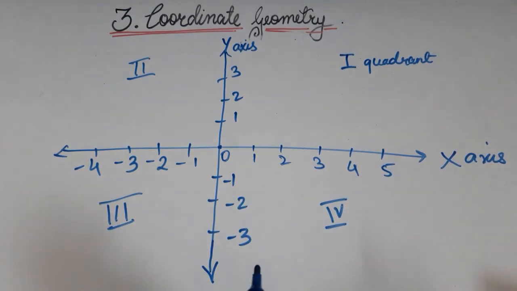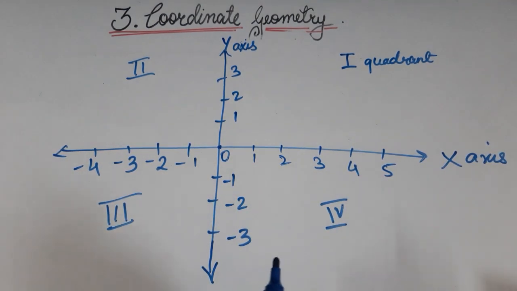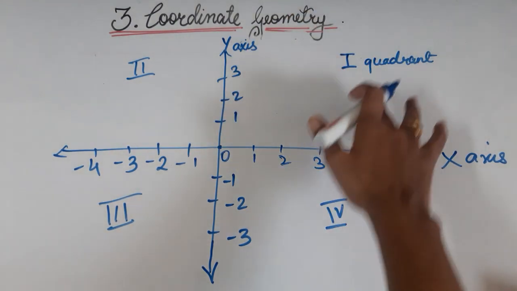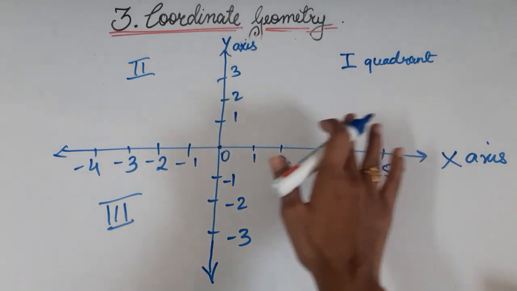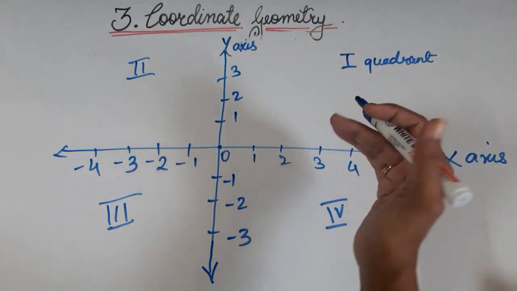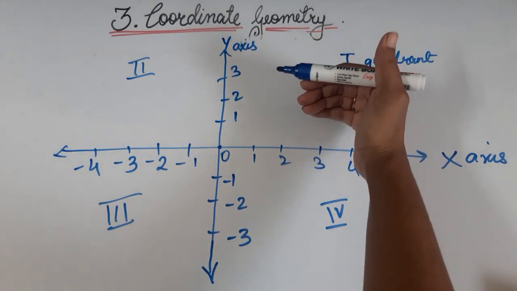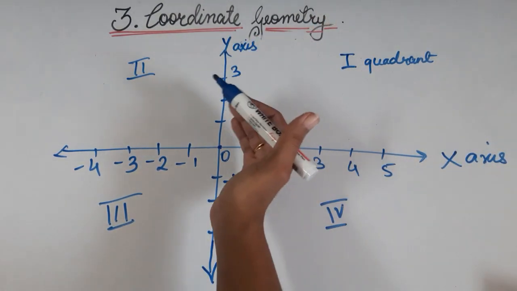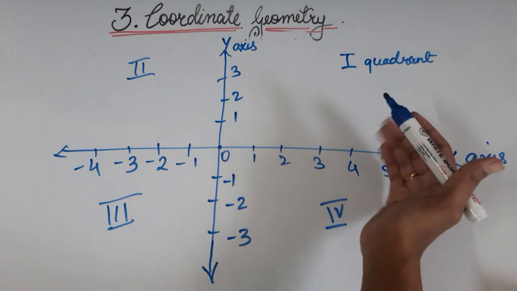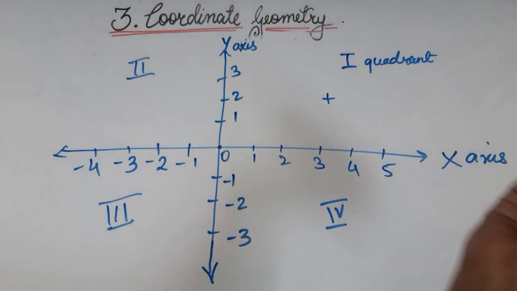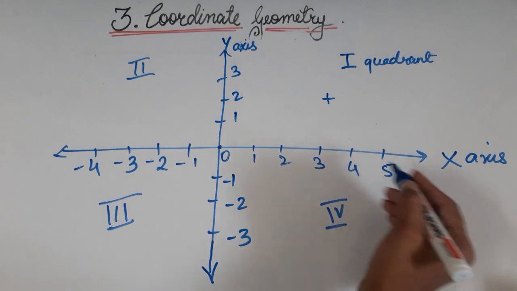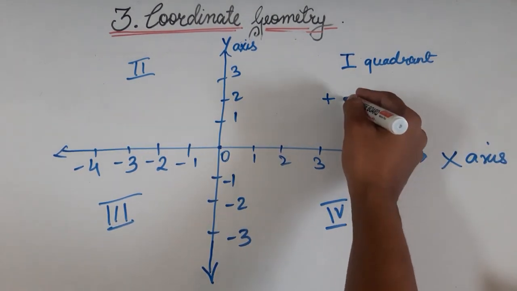Now let us see the sign conventions of each quadrant. If you notice, whichever point we locate in the first quadrant will be above the x-axis and to the right side of the origin. To the right side of the origin means what? X coordinate will be positive.